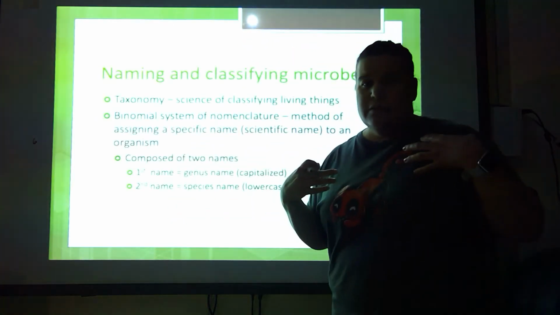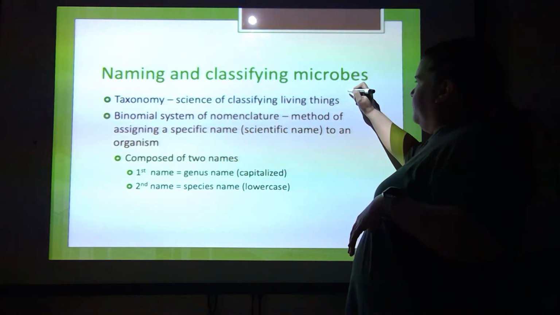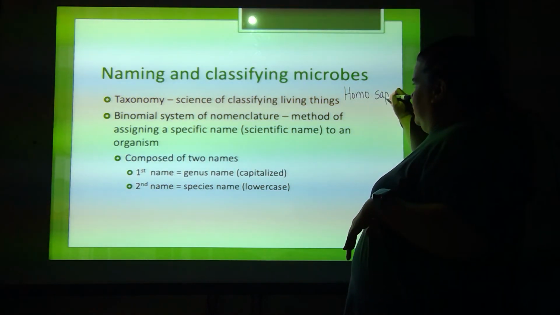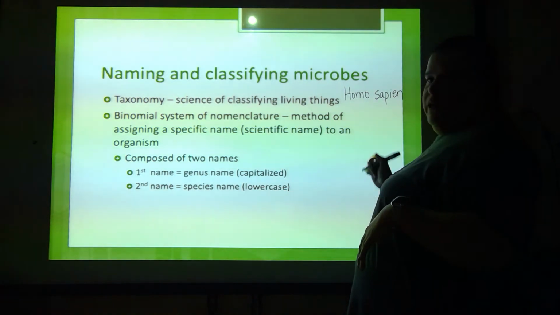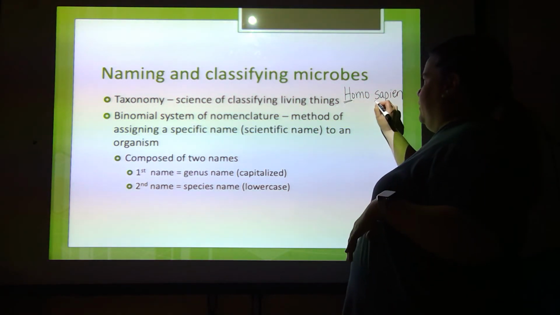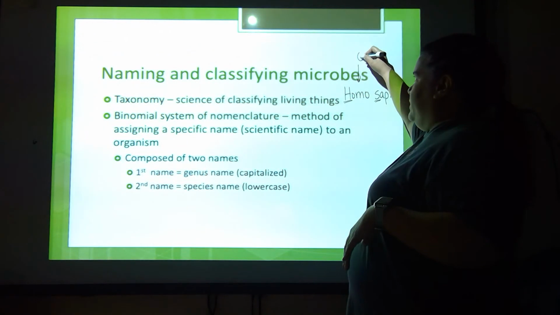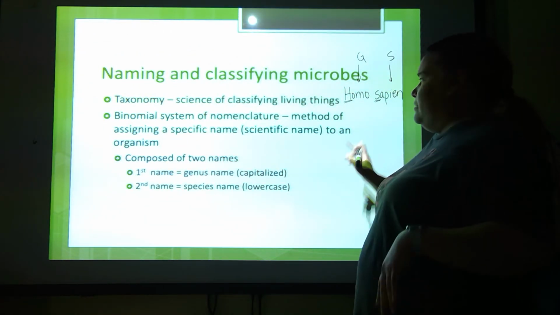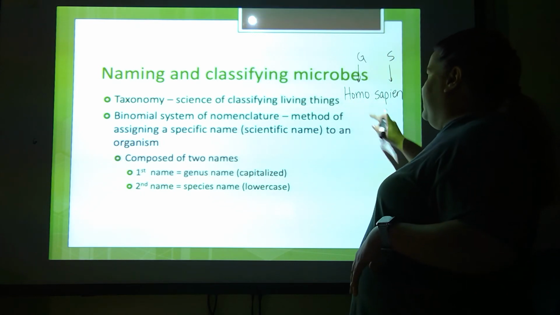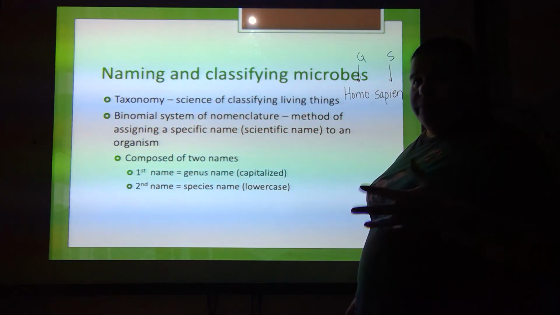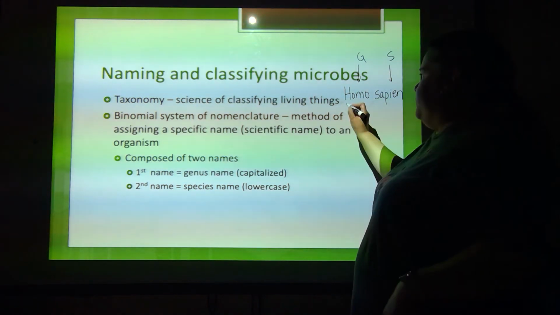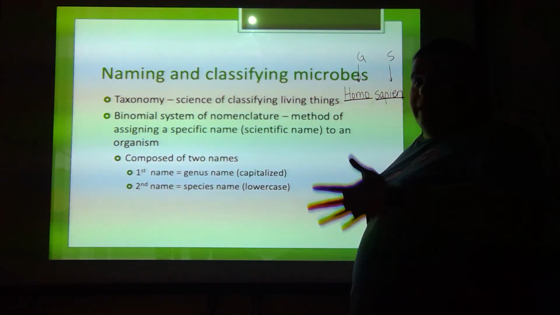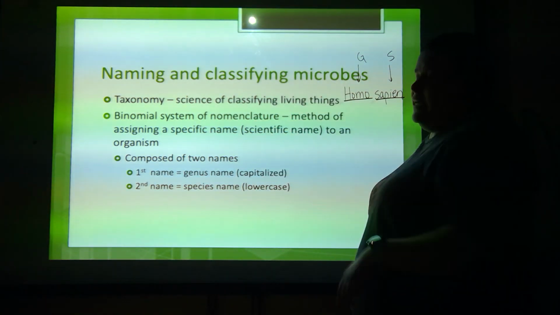So for humans, our scientific name is Homo sapien. Okay, notice the capital letter here, the lowercase letter here. This is the genus name, this is the species name. Now, when you handwrite these, when you put them into papers, you basically have two options. Handwriting, you underline it because it's a proper name, it's a taxonomic classification.